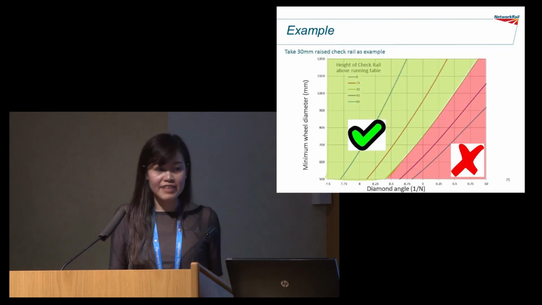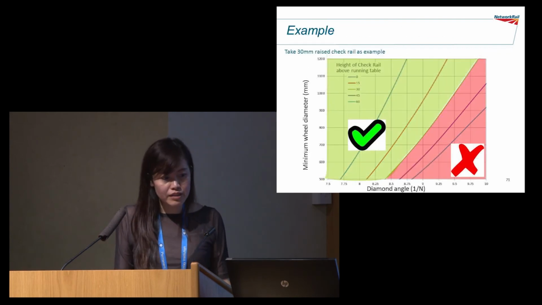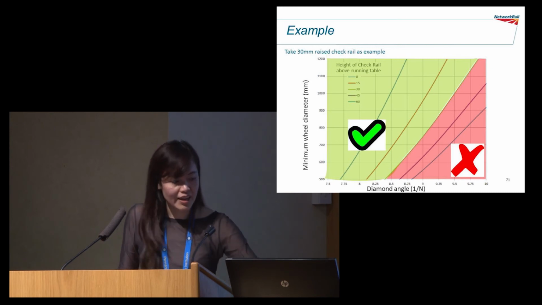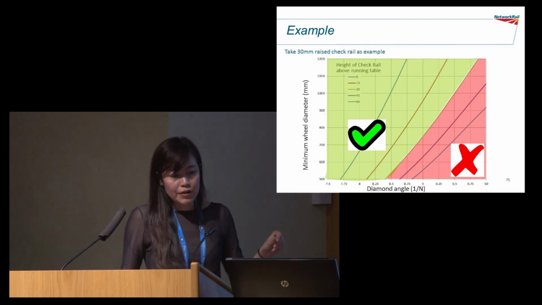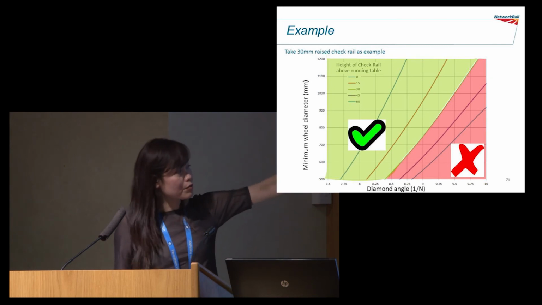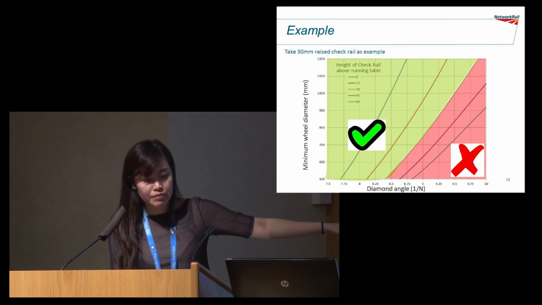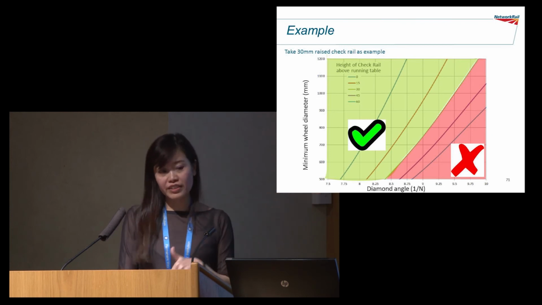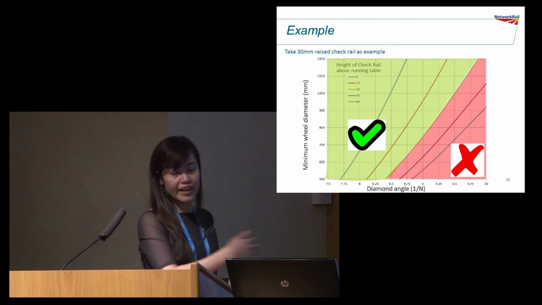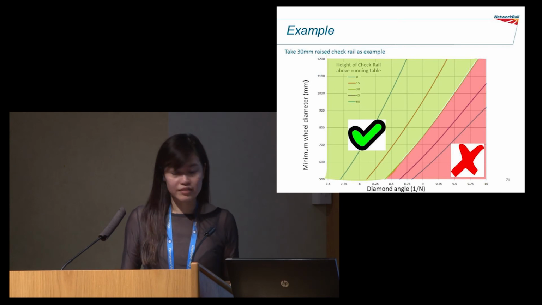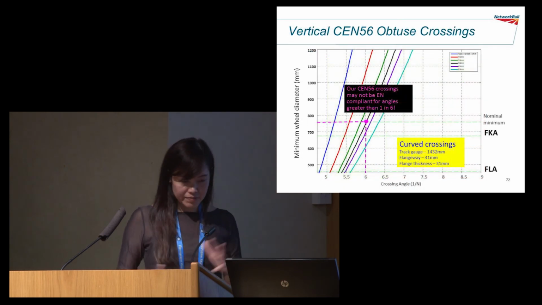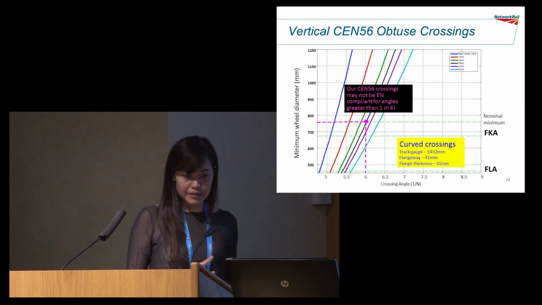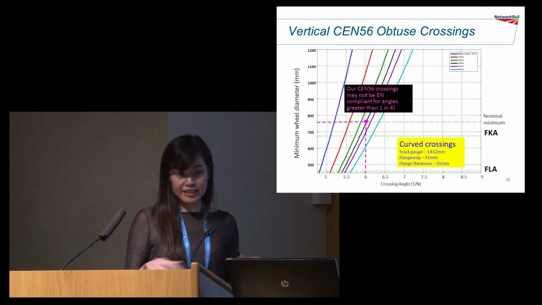But we only have up to 38 mm mostly. So if we take an example, if we use the 30 mm check rail height, which is the green one in the middle, so if any of our wheel diameters are over there and any of our crossing angles are in there, it's good. Anything on the right-hand side, it's not good. Okay? So I programmed all the equations into MATLAB and I plotted the graph, actually the same graph.